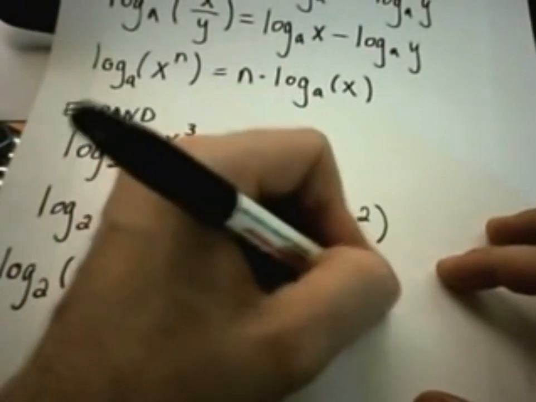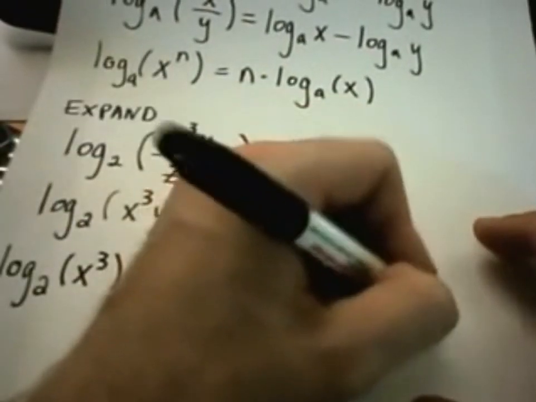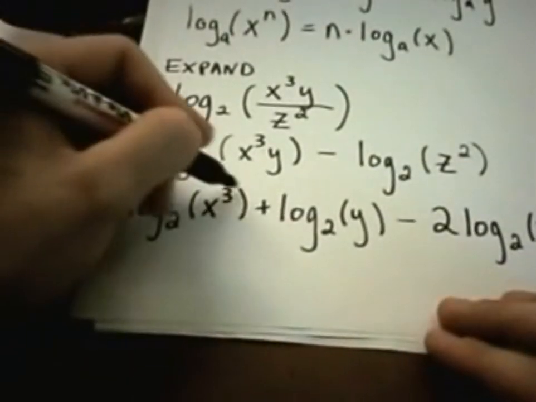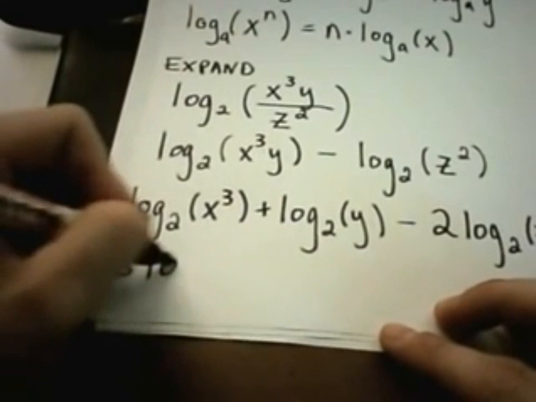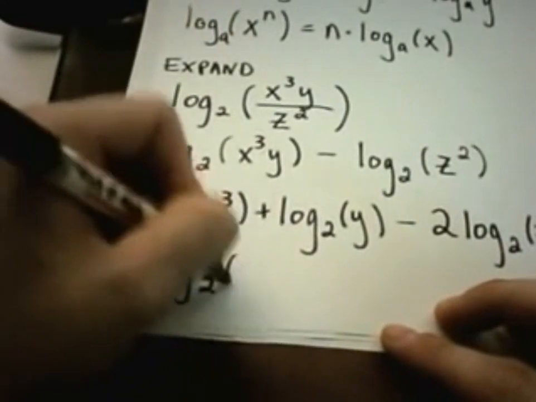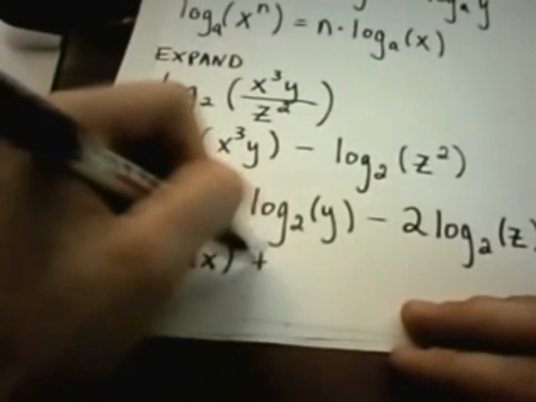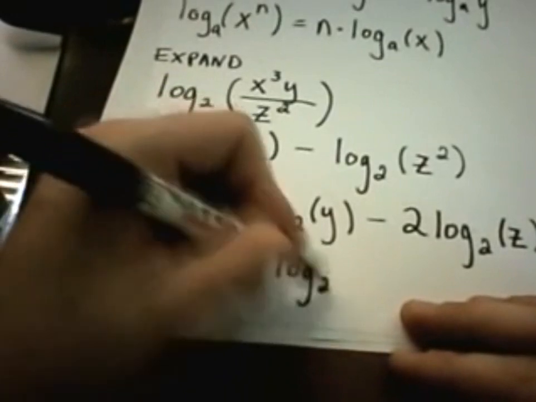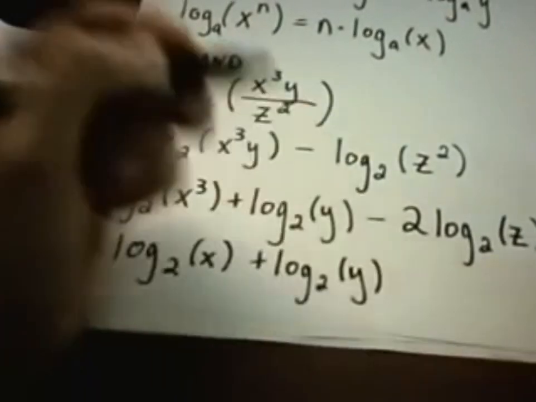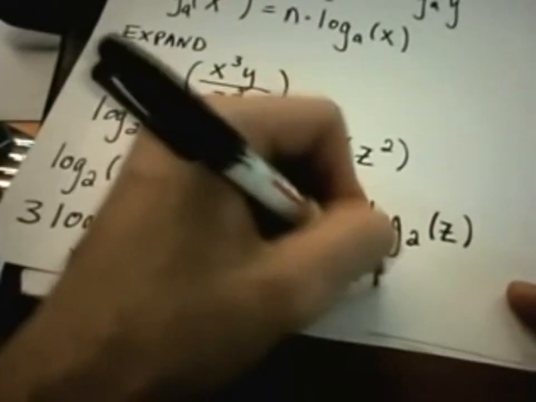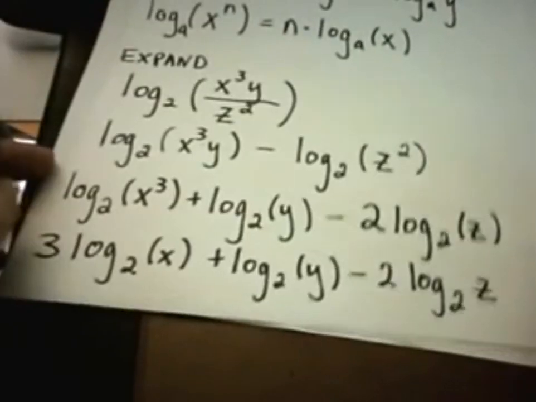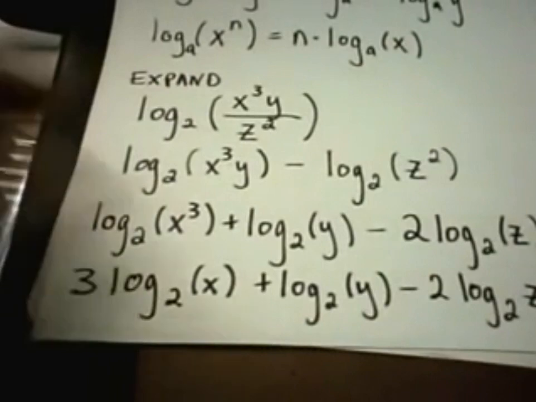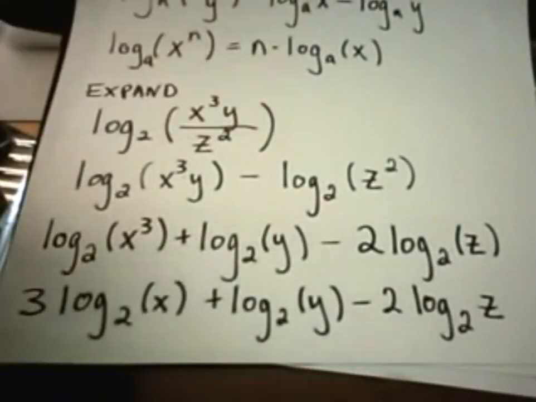So I'll get minus 2 log base 2 of z. And the last thing I'm going to do is pull out this 3. So I'll have 3 times log base 2 of x plus log base 2 of y minus 2 times log base 2 of z. And that's now nice and expanded.